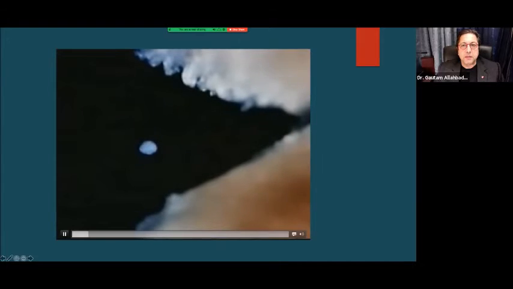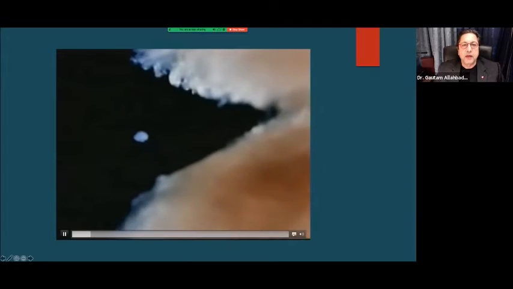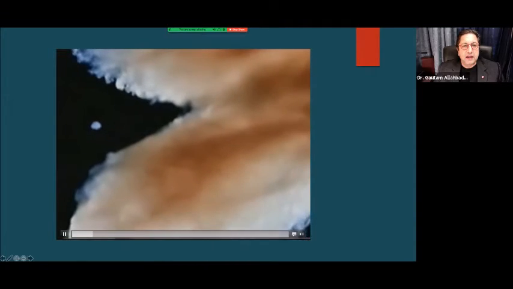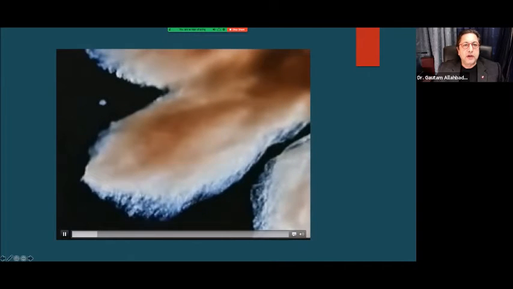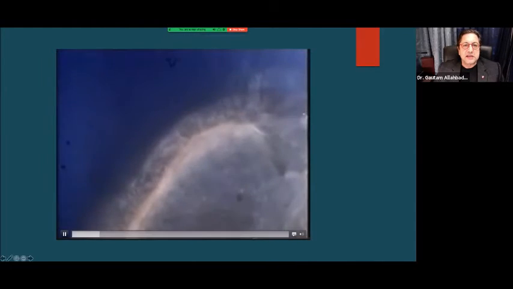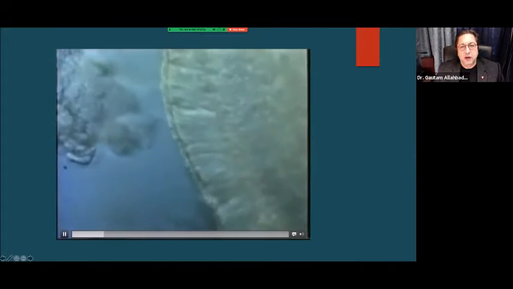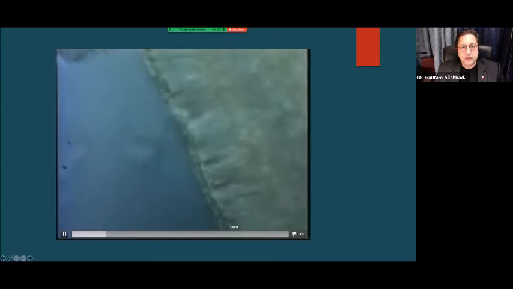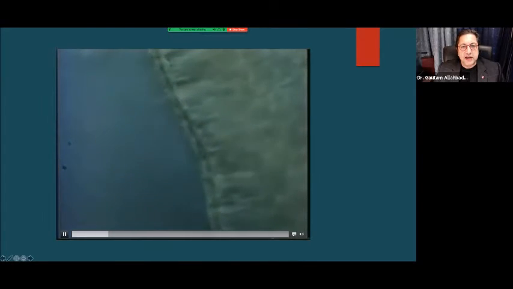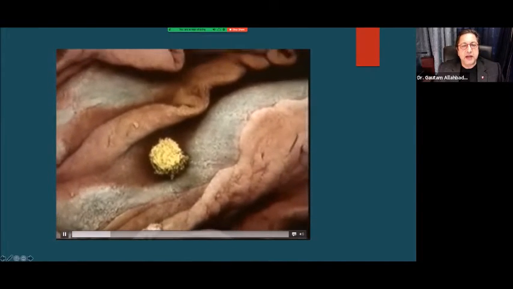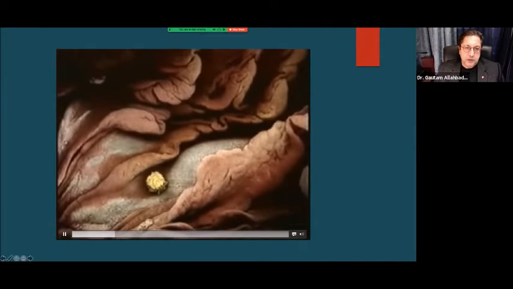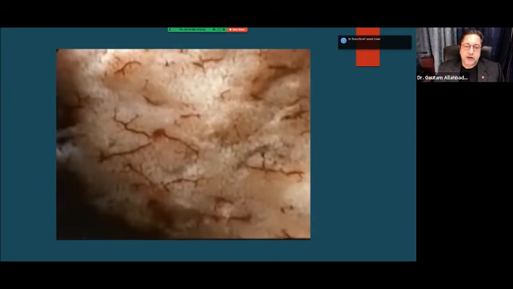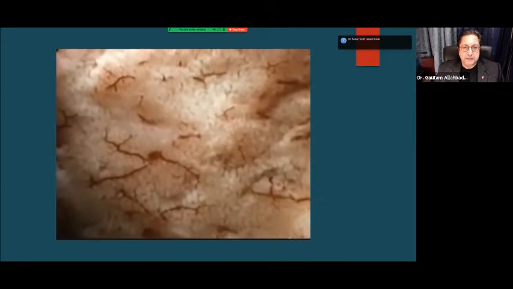The egg is picked up by the end of the fallopian tube, and there are certain hair-like structures inside the fallopian tube called cilia. These cilia push the egg from the outside to the mid portion of the fallopian tube. With the help of these movements, the egg is pushed and then lies waiting in the mid portion of the fallopian tube, waiting for the sperm to come up and fertilize the egg.